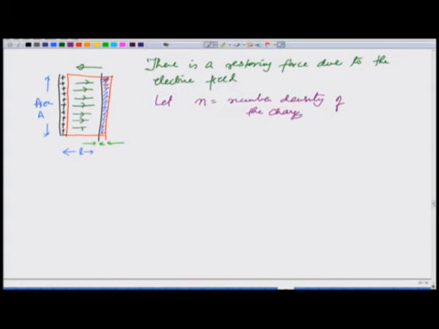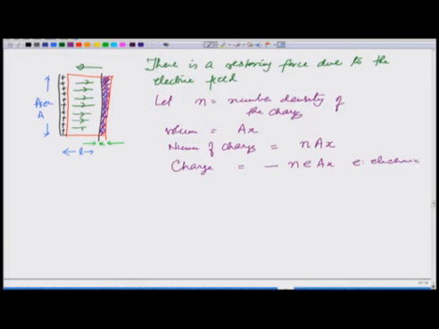When I displace this by x, the volume that is out, shown here by purple, is going to be A times x. So, the number of charges is going to be n times A times x. So, the charge, because it is a negative charge, is going to be minus n e A x, where e is, let us say, the electronic charge, if these things which are being moved are electrons.